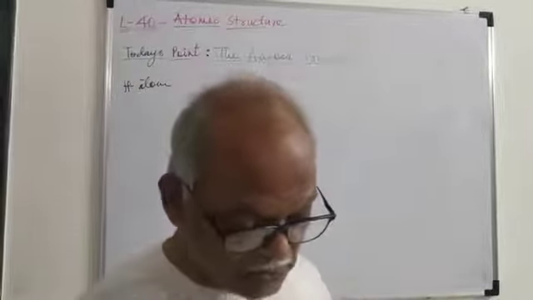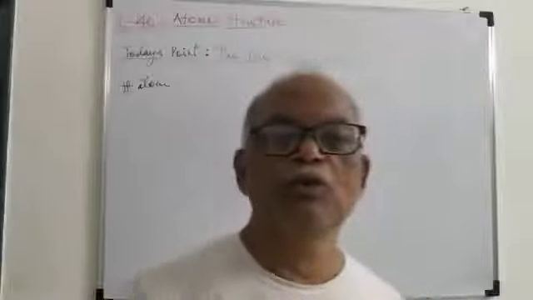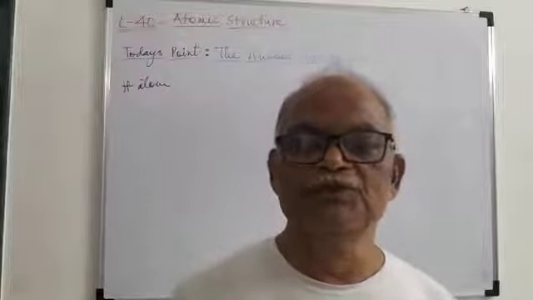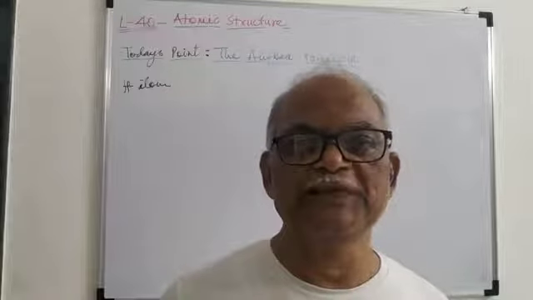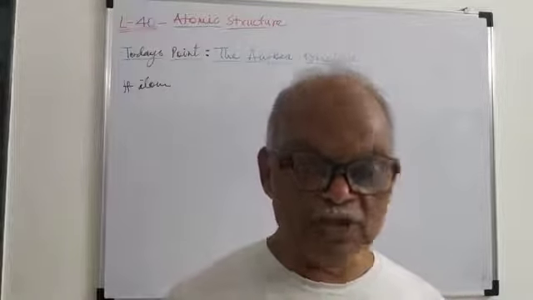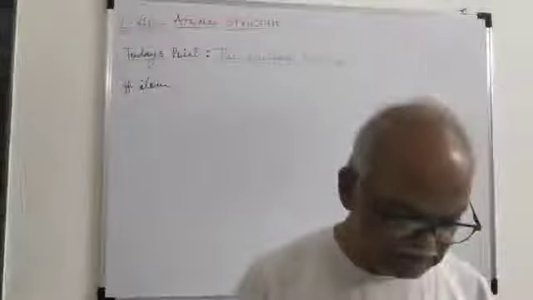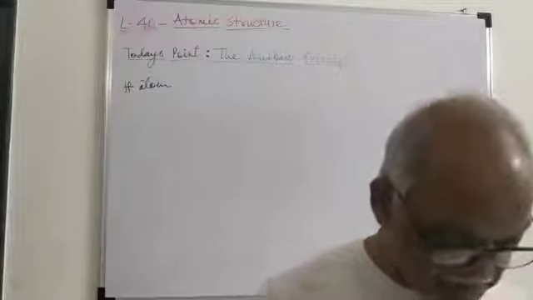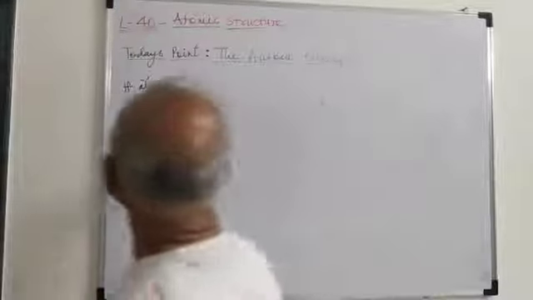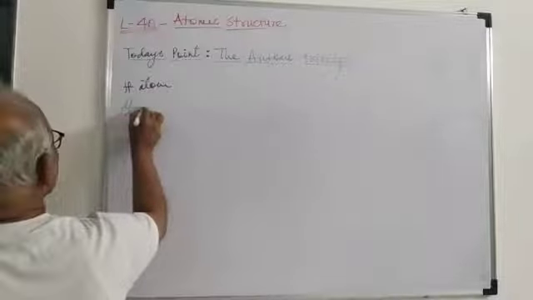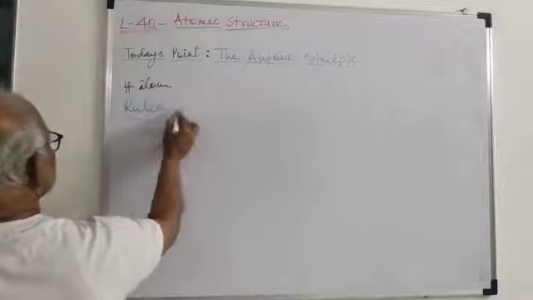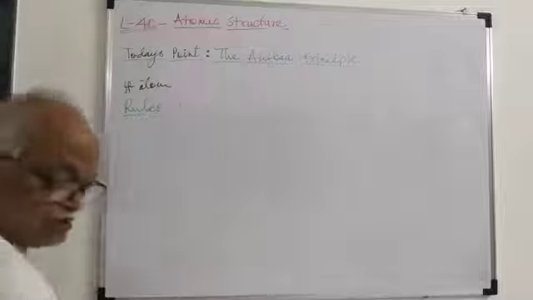So we have to follow these well-defined rules in order to go for distribution of electrons among the available atomic orbitals with the help of these quantum numbers. So in this process we have to follow the suitable rules, and we say this is rule number 1.